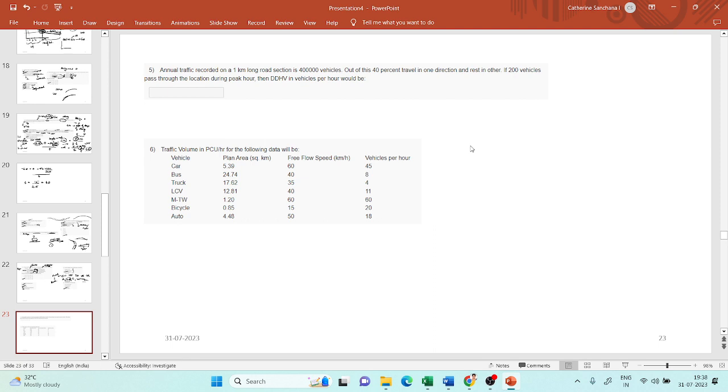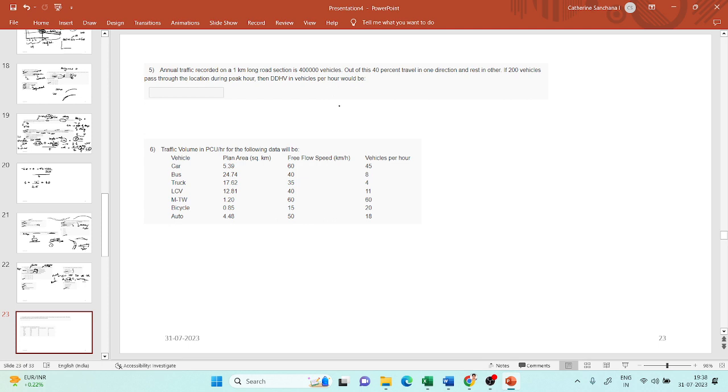So annual traffic recorded on a 1 kilometer long road section is 4 lakhs. Out of this, 40% travel in one direction and rest in other. If 200 vehicles pass through the location during peak hour, then DDHV, that is directional design hourly volume in vehicles per hour, would be what?